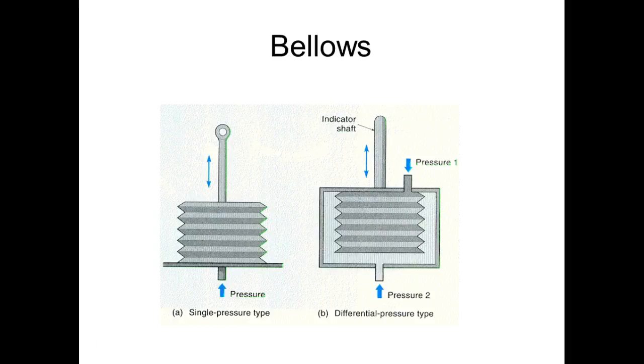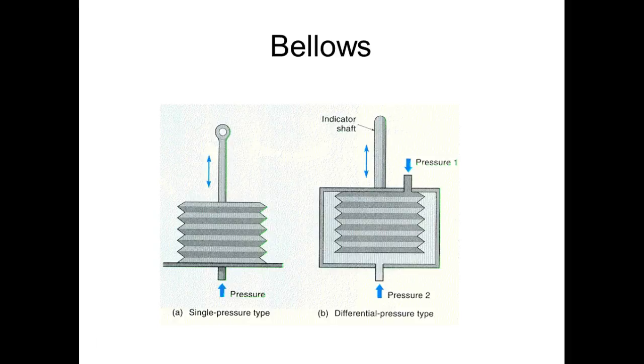This is a bellows. So a bellows is just a metal, usually it's metal, and this one's got a hole in it. But basically, we could use this to measure a differential pressure by putting the bellows inside a box, putting pressure on one side, which would cause it to contract, right? Put another pressure on the other, which would try to cause it to expand.